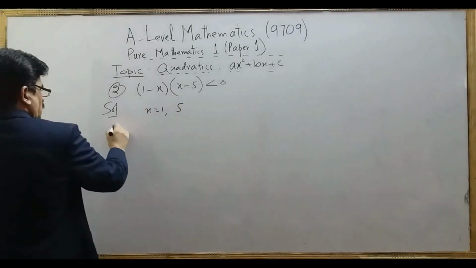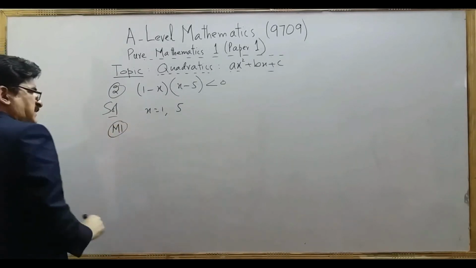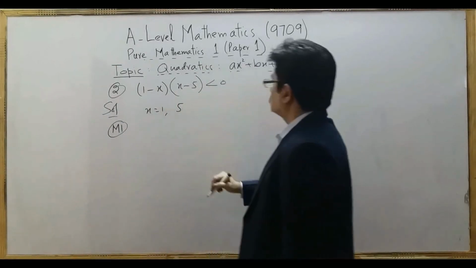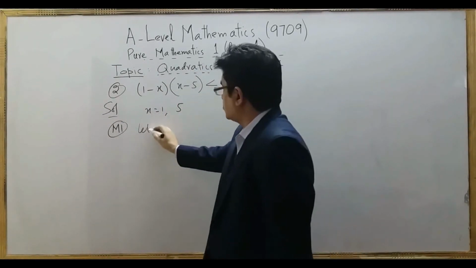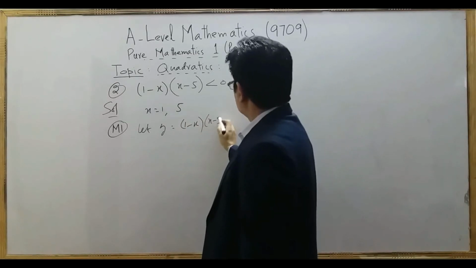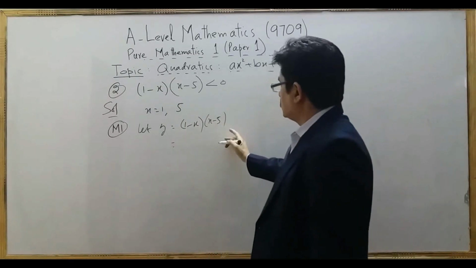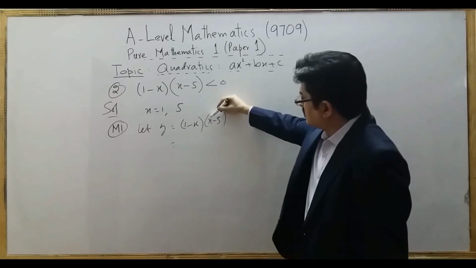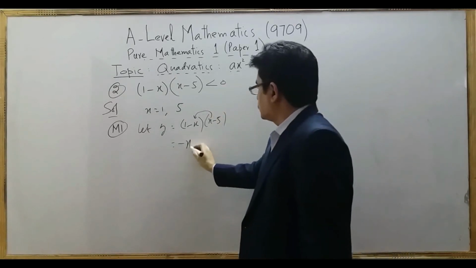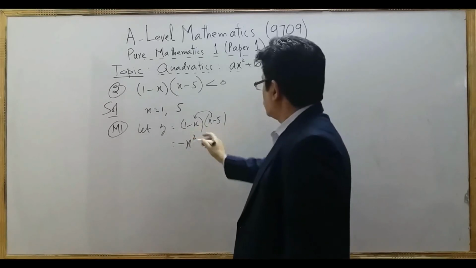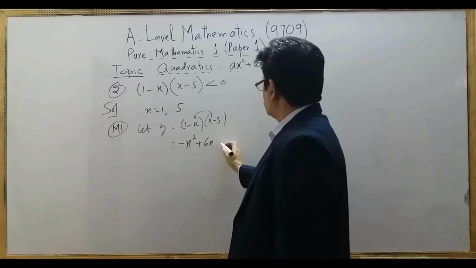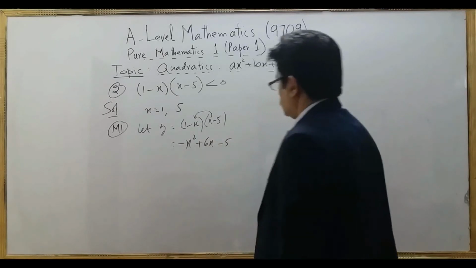Now method 1, the graph sketching method. Suppose y is equal to 1 minus x into x minus 5. If you expand it, you don't need to fully expand, you can see only this term: x into x gives x square, and then plus 5 and 1, it is 6x, and then minus 5.